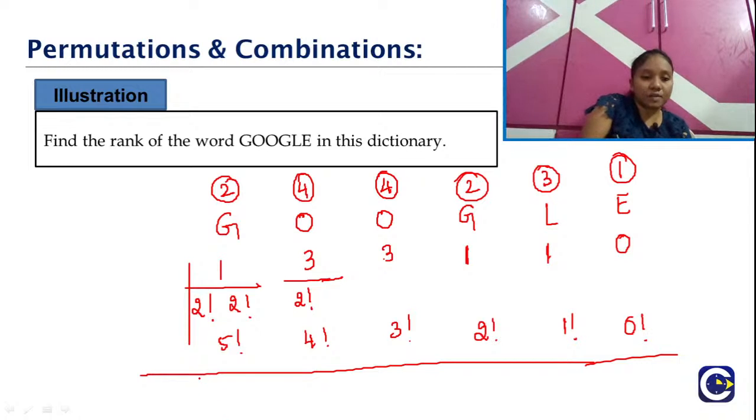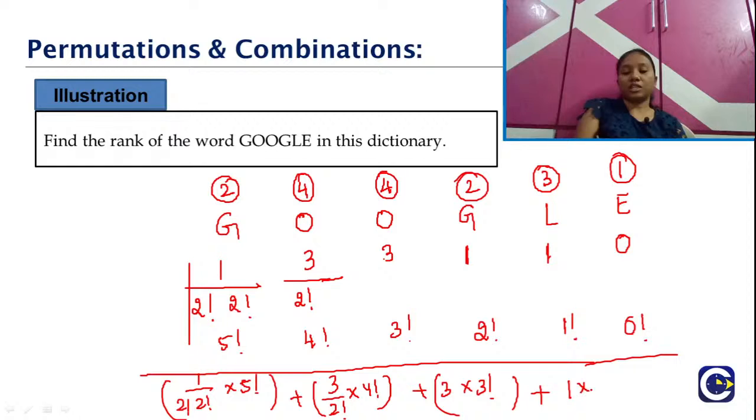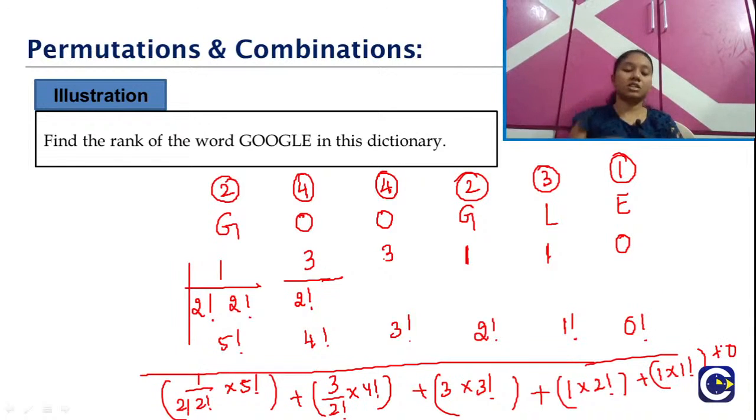So let's do that. That means 1 by 2 factorial into 2 factorial into 5 factorial, plus 3 by 2 factorial into 4 factorial, and then 3 into 3 factorial, plus 1 into 2 factorial, plus 1 into 1 factorial, and the next one 0 into, so this will become 0.